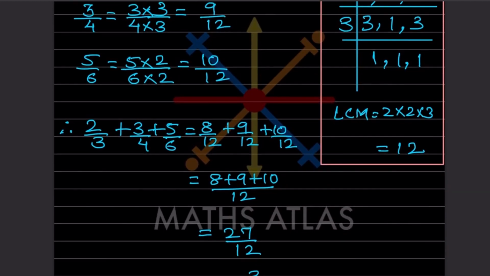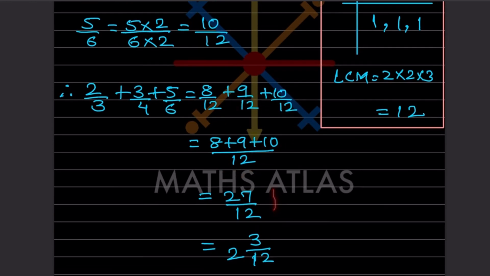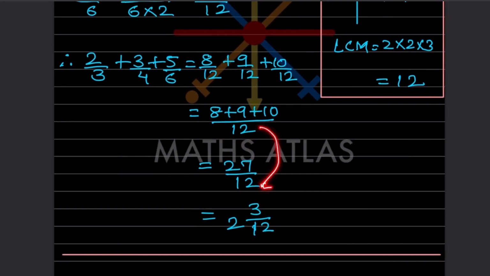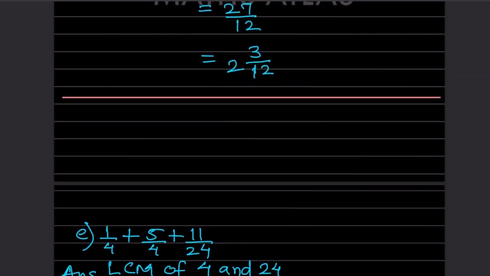And the denominator is 12 now, so you write it only once. You are going to add all these 3 numbers, 8 plus 9 plus 10. And now what will you do? The next step, you will put 12 here and add this, which is 27. Again, 27 by 12 is an improper fraction. So you have to make it a mixed fraction.